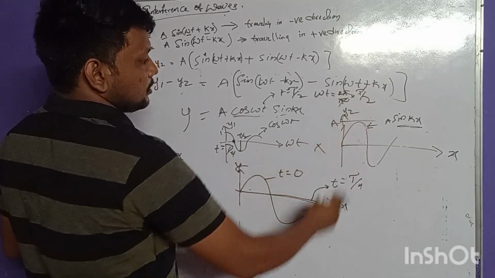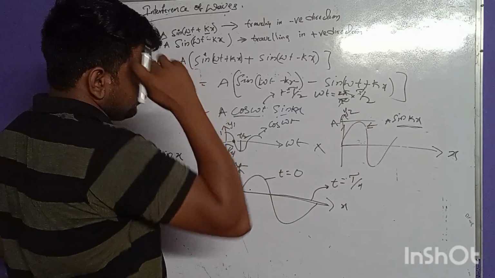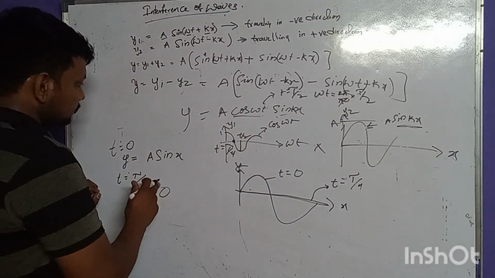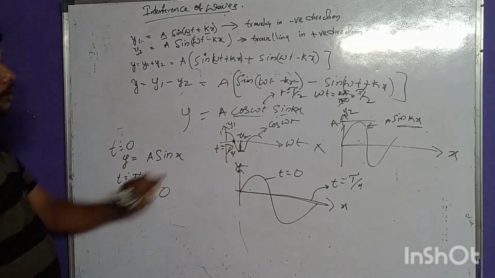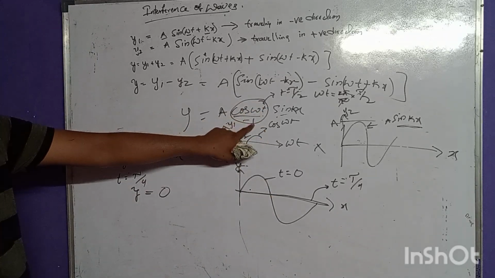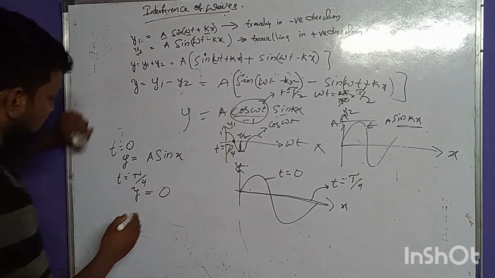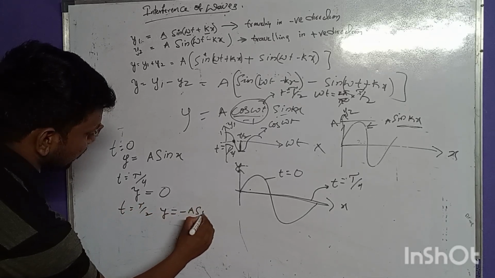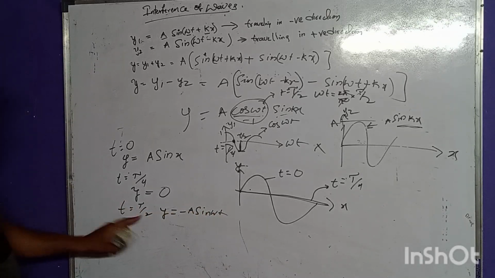Now tau gets cancelled, so omega t is equal to pi. Cos pi is equal to -1, so I get the negative peak here. At t is equal to tau by 2, half of the time period, I get -1. At t is equal to tau by 2, y is equal to minus A sin kx. This is the new waveform at t is equal to tau by 2.